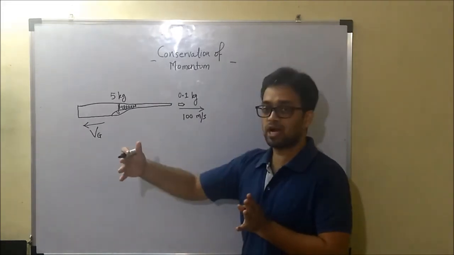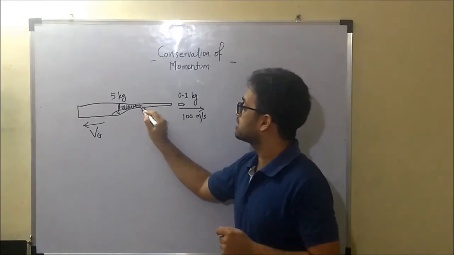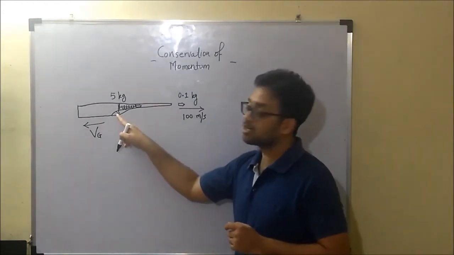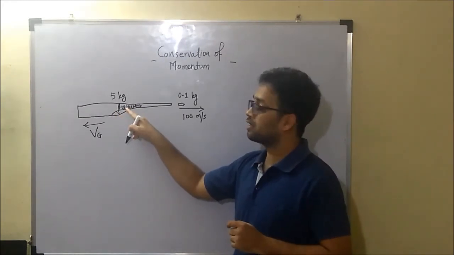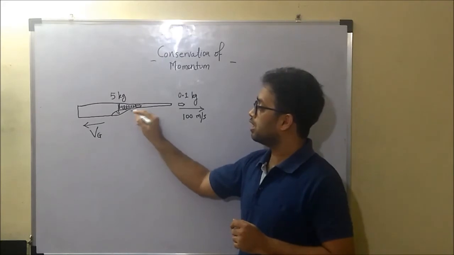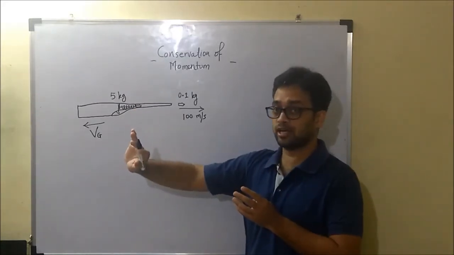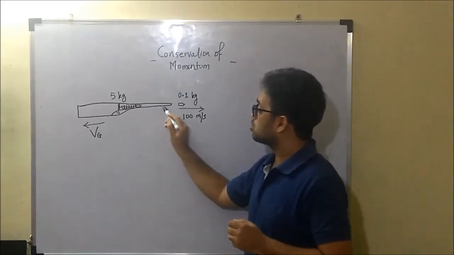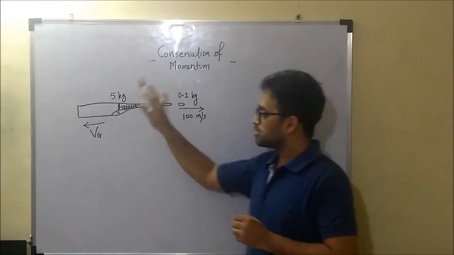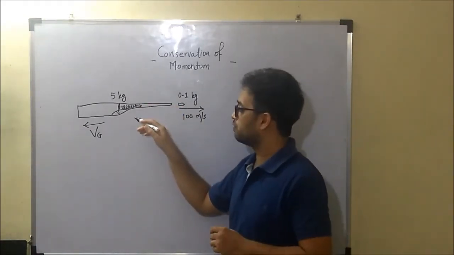It expands all of a sudden, and whatever bullet is held inside the barrel of the rifle, this is called the barrel, and this is called the trigger, there is a spring mechanism in here. When you press this trigger, it unwinds the spring and the spring suddenly pushes the bullet ahead. The bullet travels through the barrel, escapes and hits the target. That is the simplistic explanation of the mechanism inside the rifle.